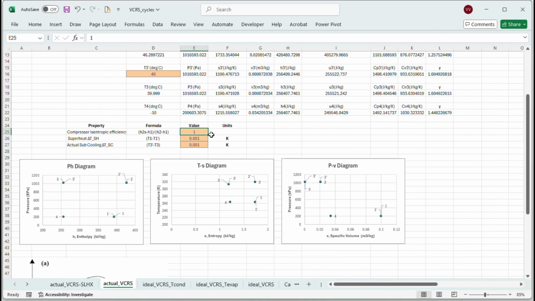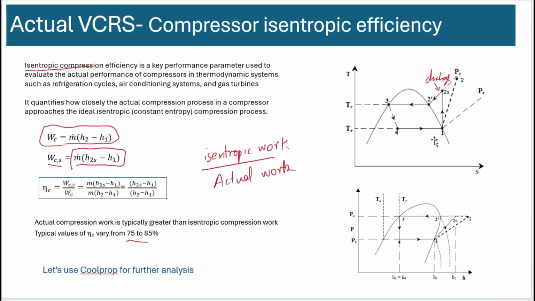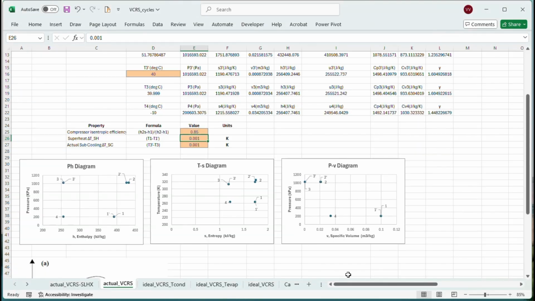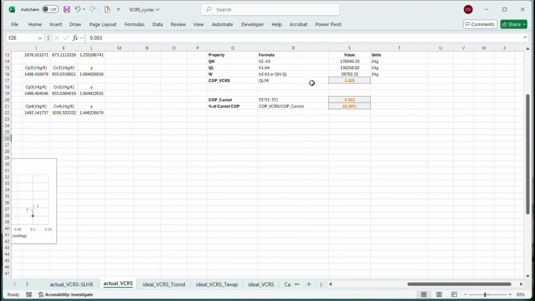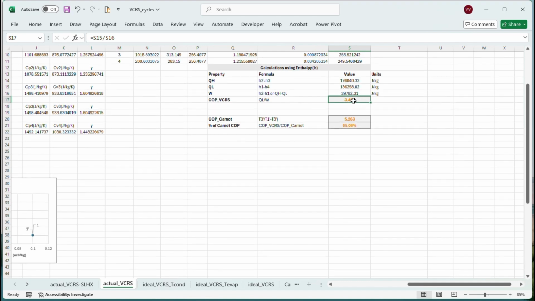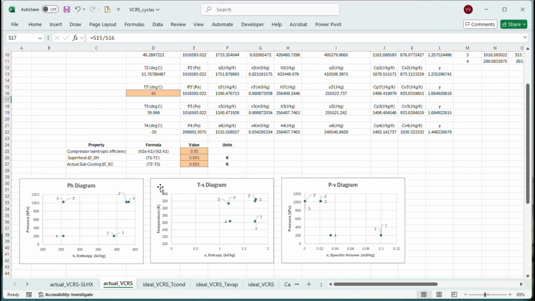Now change this to 0.85, for example, 85%. So you could see now that the two numbers have split. It represents the change between 2s and 2 here. So that creates a big drop in efficiency from isentropic to non-isentropic compression.